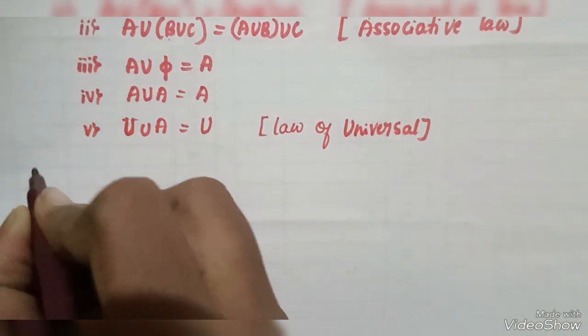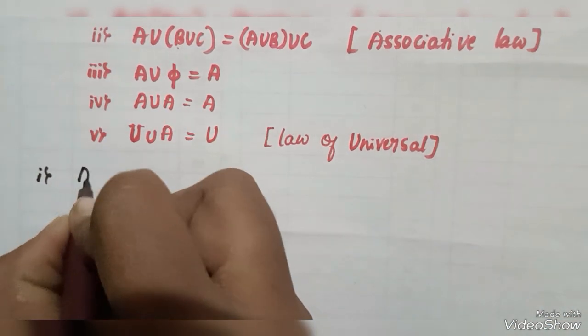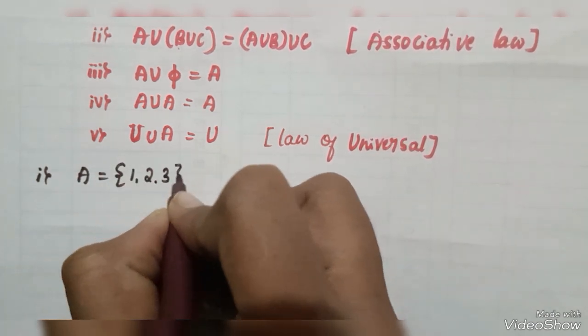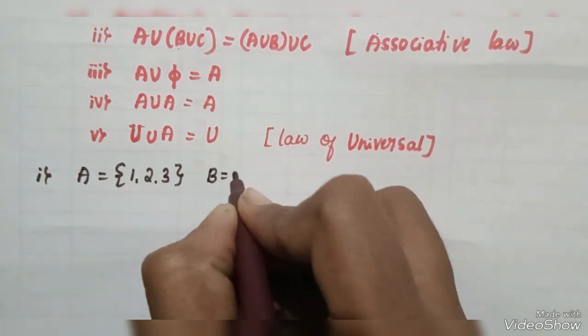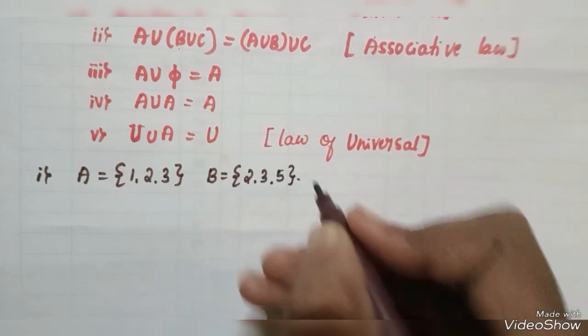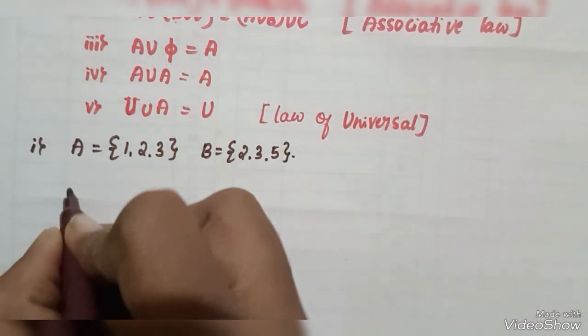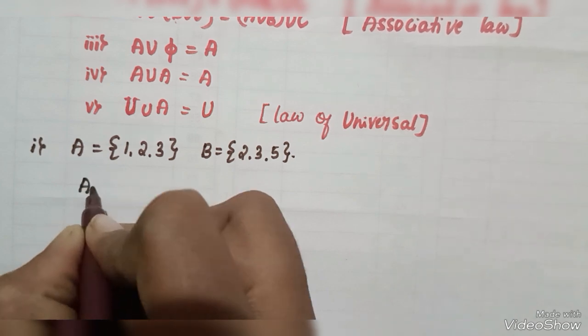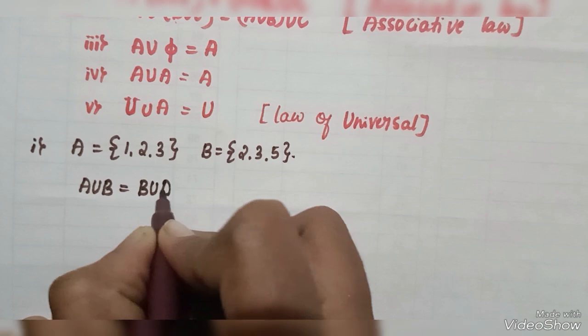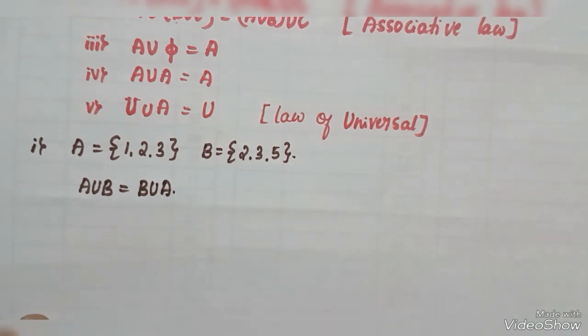Set A contains the elements 1, 2, 3 and set B contains the elements 2, 3, 5. First law: A union B is equal to B union A. Okay, this is the first law.